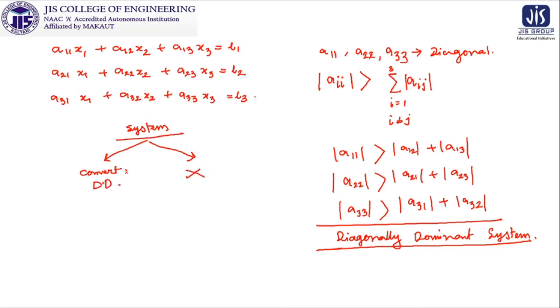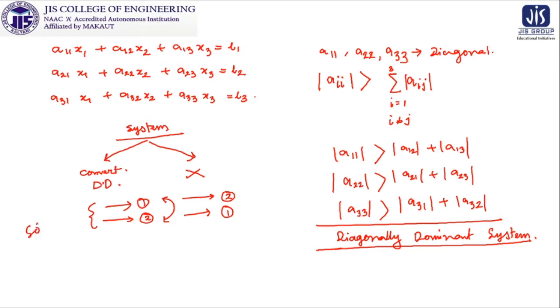How are we able to convert in those cases which are convertible? Look at this. Suppose there are two equations in a system of linear equations. If I interchange them, that means if I write equation number 2 first and equation number 1 second, then the solution remains the same.